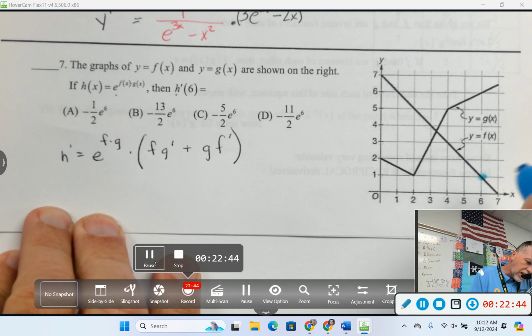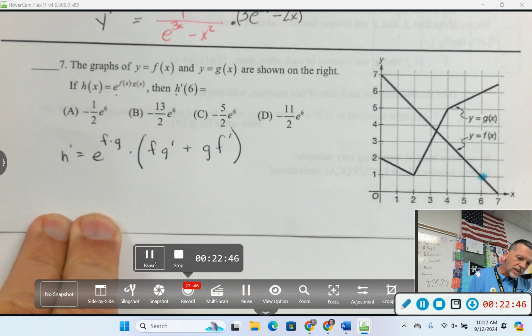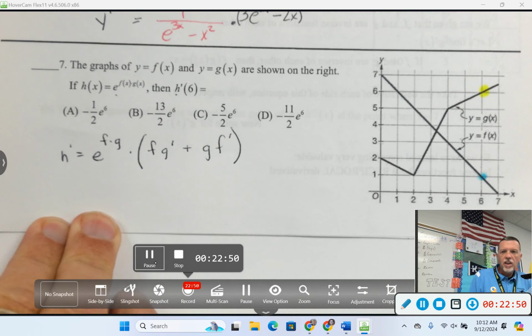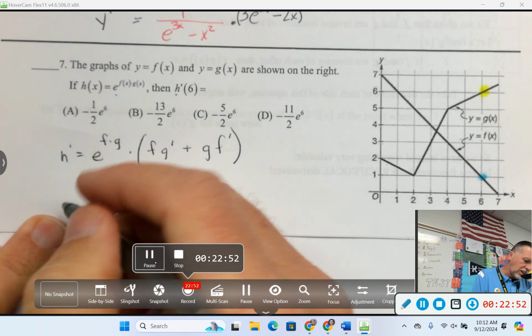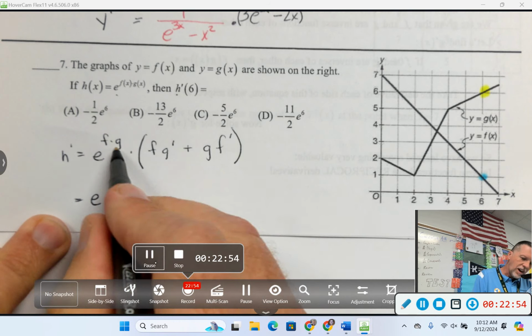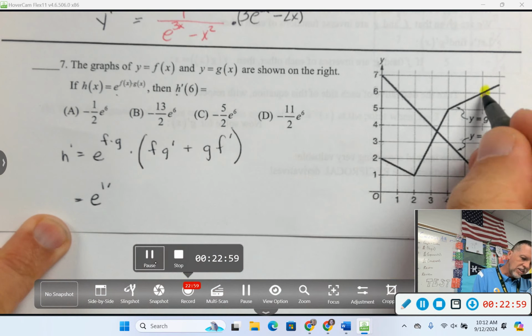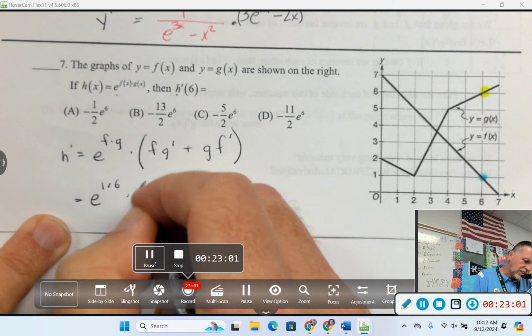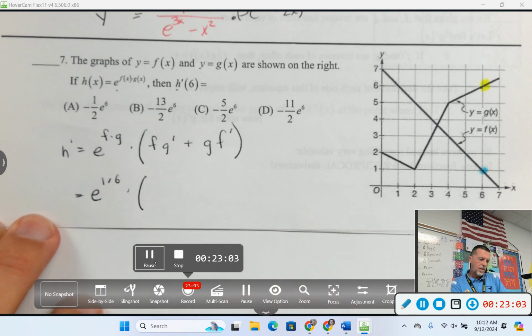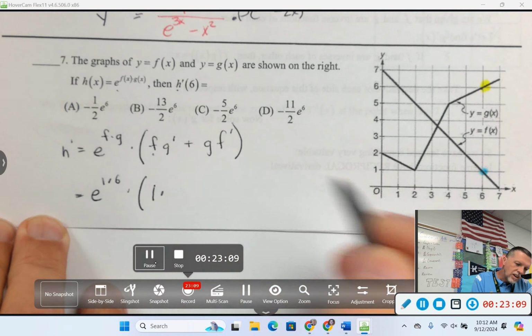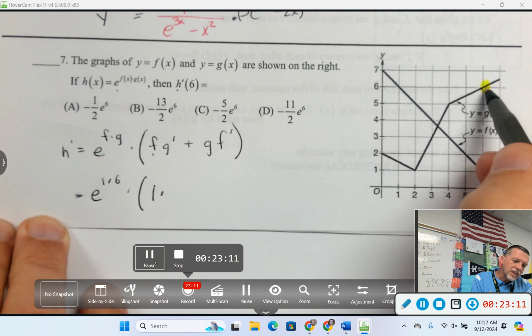So there's f of 6, and there's g of 6. f of 6 is 1, g of 6 is 6, f of 6 is 1, g prime at 6.